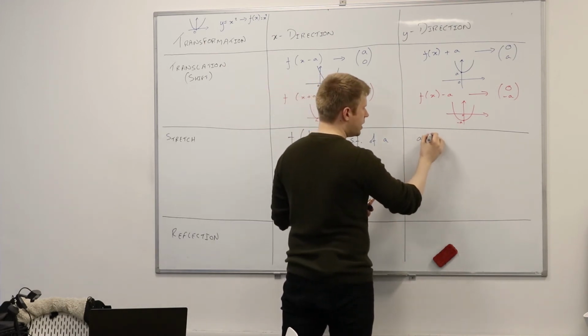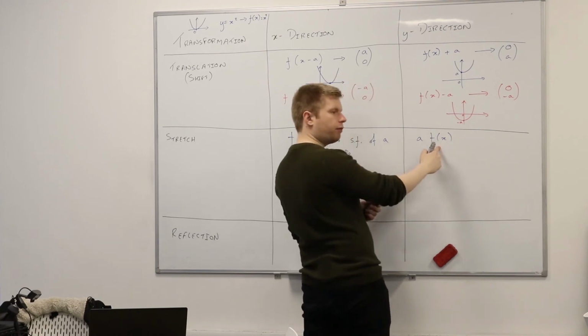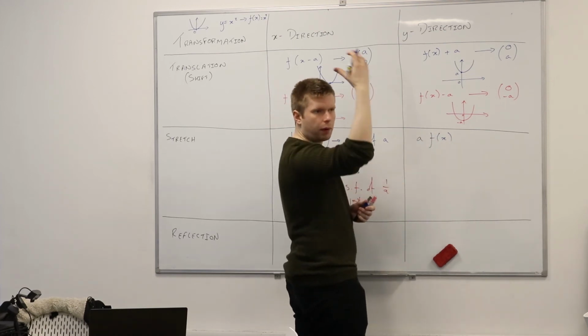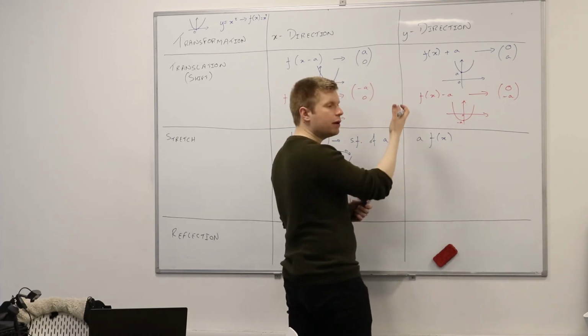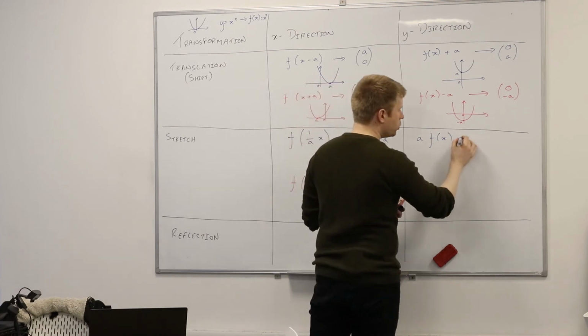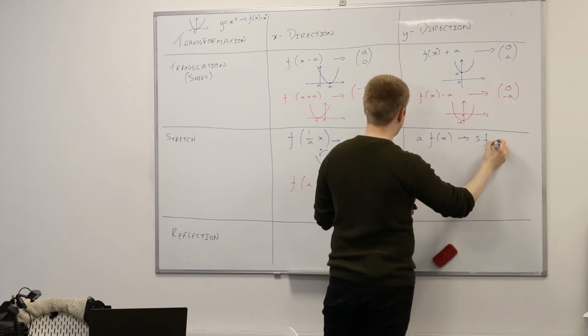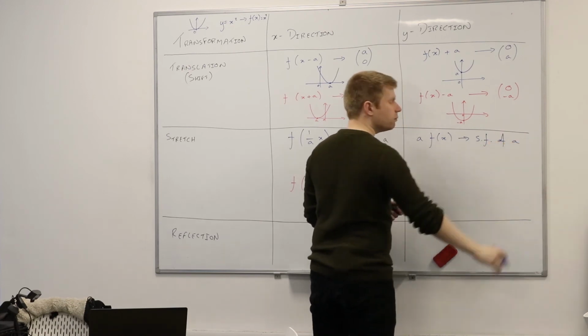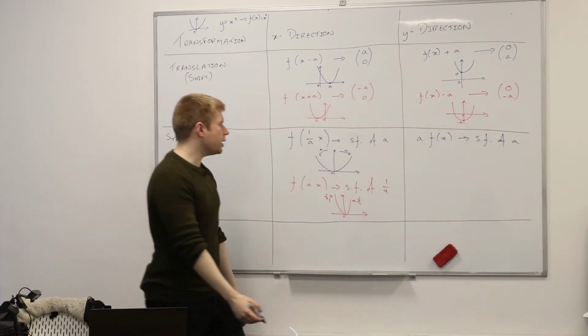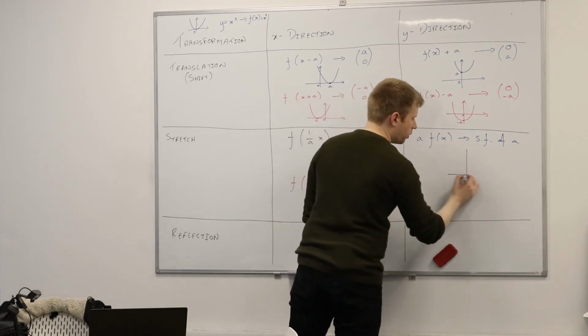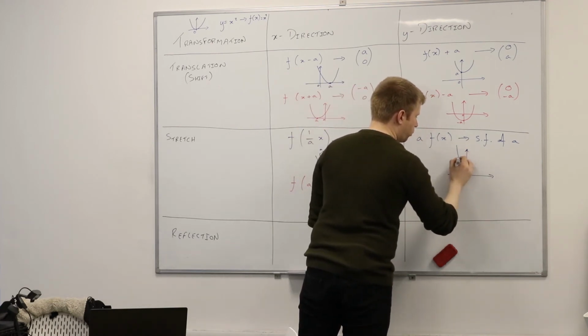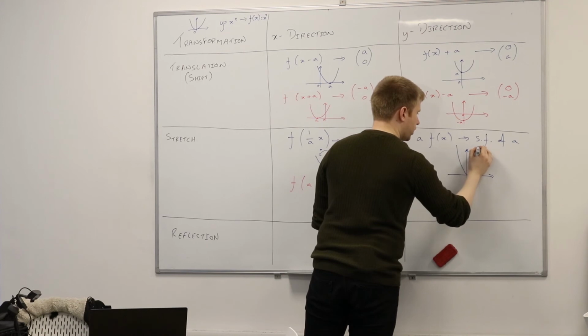Now if I do it outside the brackets, so for example if I do a f of x, you see I apply my function first, then I multiply it by whatever it is, 2, 3, 4, a, whatever it is. Would you be happy this is a stretch in the y direction by a scale factor of a? So that's exactly what you think it should be. So in other words, somebody's come along and basically pulled the graph upwards, in that direction.